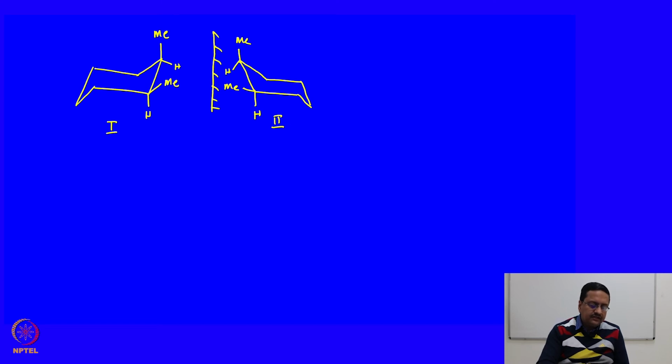And then if we try to do a flipping of this molecule, we would see this one.